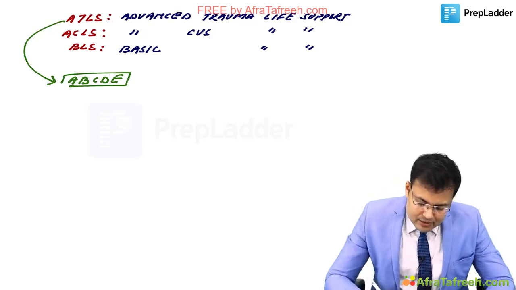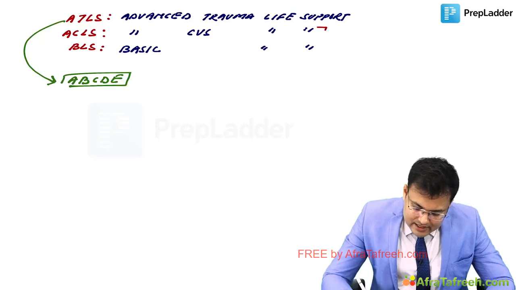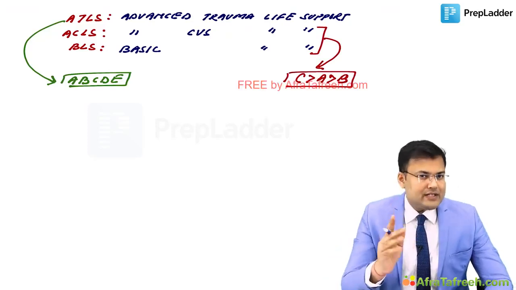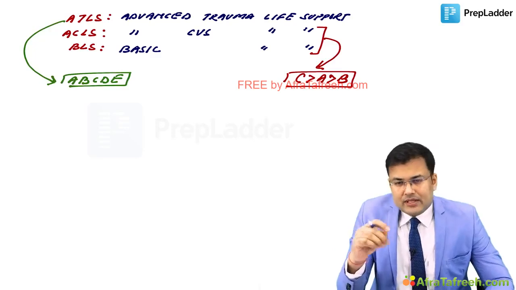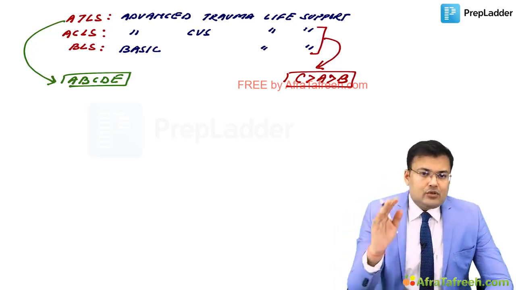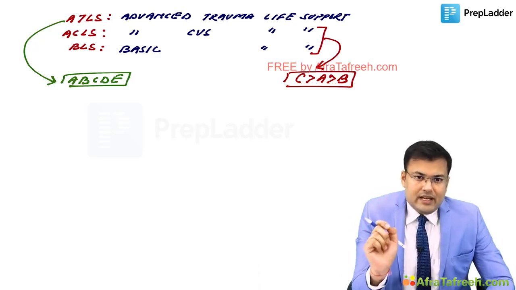And if we are talking about ACLS or BLS, here we are going to follow CAB. So you have to read the question carefully. CAB means circulation followed by airway followed by breathing.